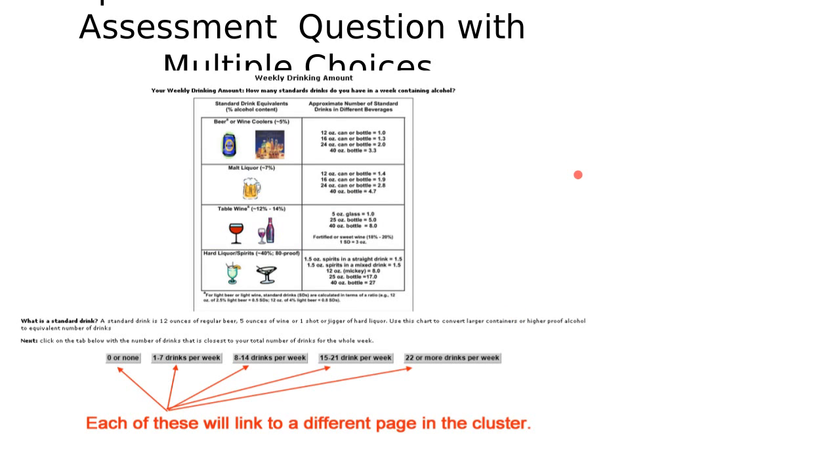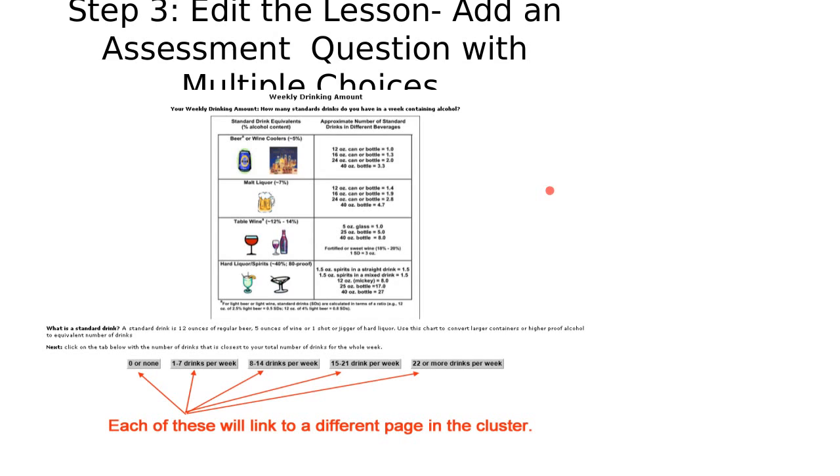So here's an example: assessment. Edit the lesson, add an assessment question with multiple choices. So this is where your own content comes in. Remember we were talking earlier about how I just spent a few days in the hospital with my wife, and they were asking her on a scale of 1 to 5. And she says, well, I was a 1, but now I'm 5.